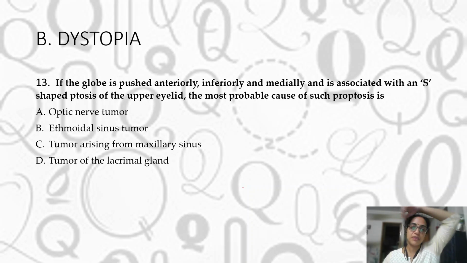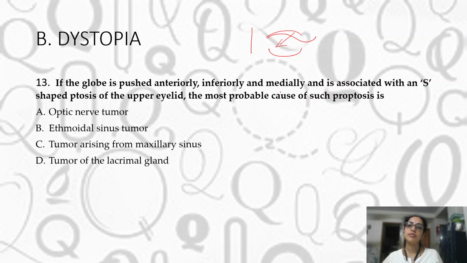So what is dystopia? Dystopia is displacement of the globe with or without proptosis. That is immaterial, whether the globe is pushed outside the orbital rim or not. Suppose the globe is pushed anteriorly, inferiorly and medially, and is associated with an S-shaped ptosis of the upper lid.